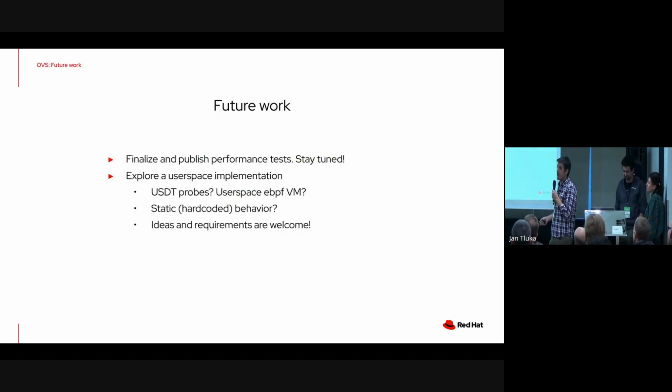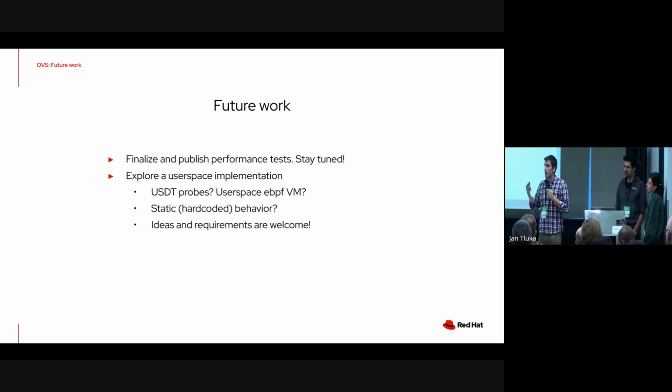Future work on this area. We want to publish performance tests that we are currently running. We will on a Red Hat blog, hopefully soon. And there's an area to explore here, which is, of course, that this psample stuff is only implemented for the kernel data path.